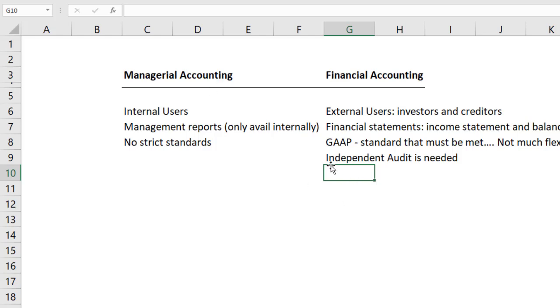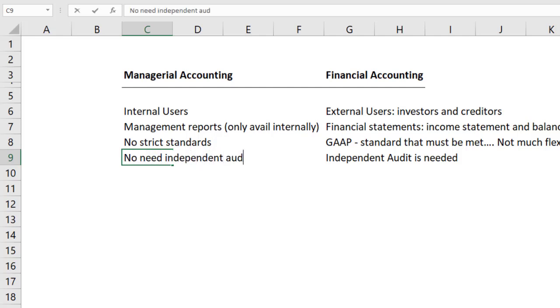That's what the independent auditor has to do. With managerial accounting, we don't have to worry about protecting the investors and creditors. Since we don't have to worry about protecting them, there's no need for an independent audit. Now there may be an internal audit and things of that nature, but that's different from the independent audit, which is necessary for financial accounting but not for managerial accounting.